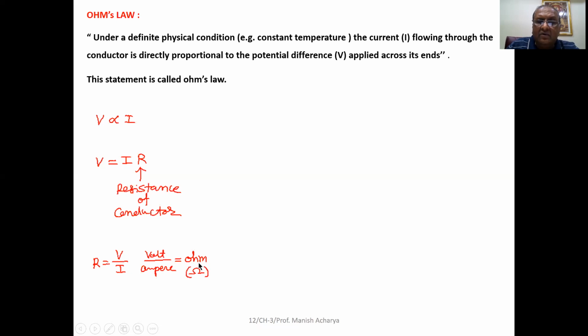And we can write ohm equals volt per ampere. Clear to all of you, this Ohm's law?